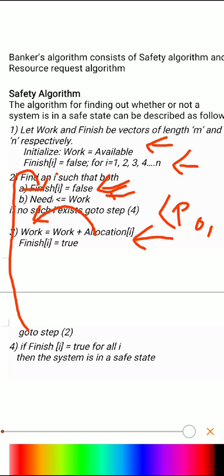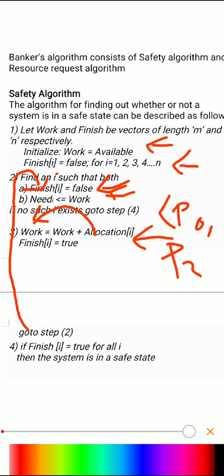For example, this time instead of P1, P2 has satisfied these two conditions, so P2 will be added into the safe sequence, it is going to return its allocated resources back to the work, and the finish of that process P2 will be marked as true. Again we will go back to step 2.